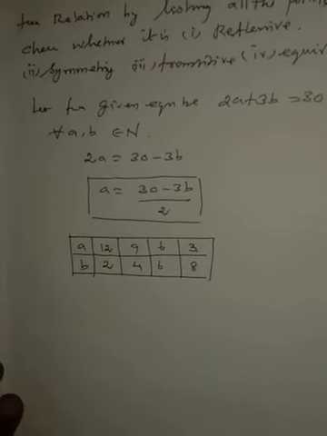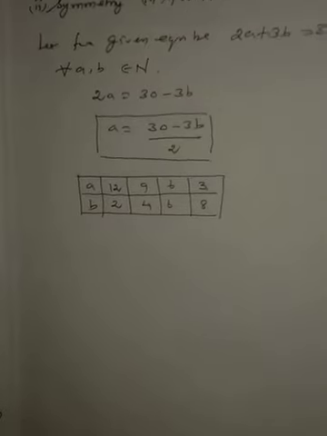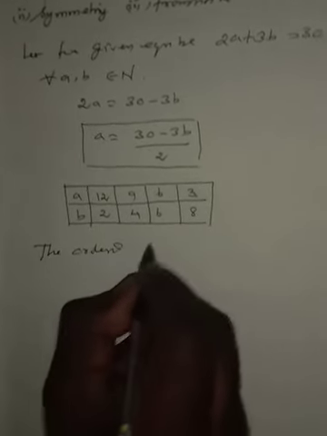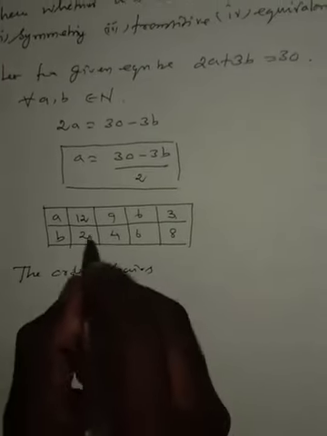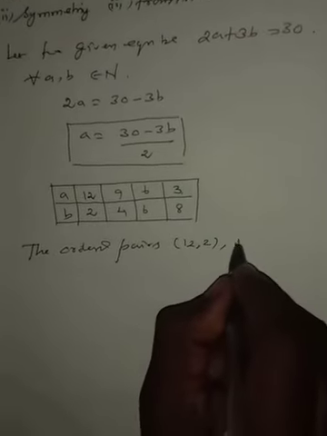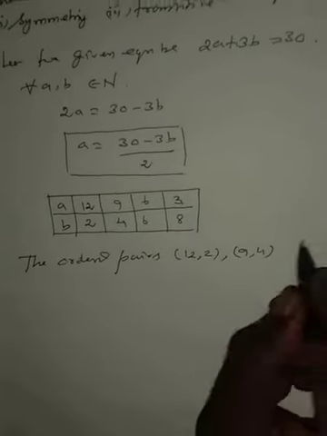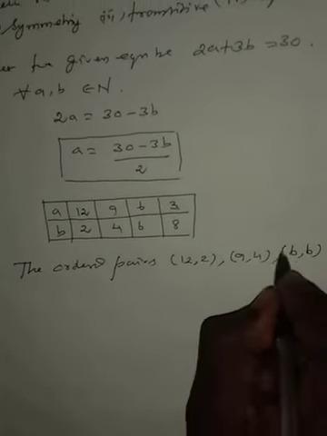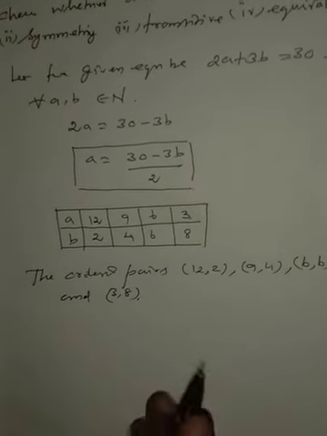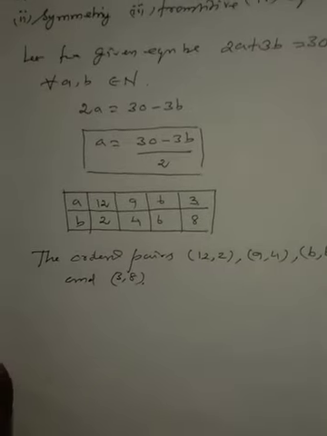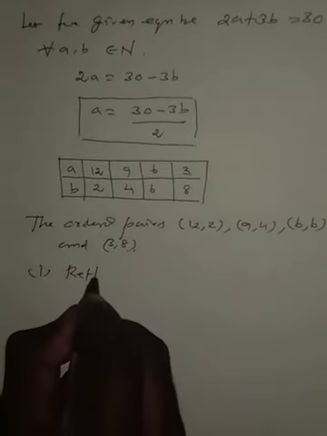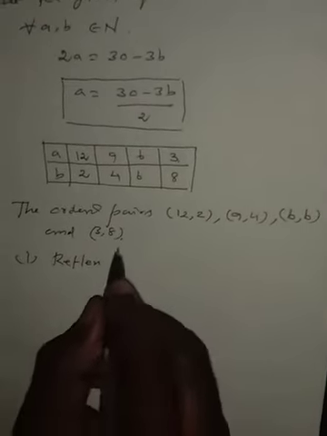Next, the ordered pairs are first (12, 2), (9, 4), (6, 6) and (3, 8). First, reflexivity. Number 1, reflexive.